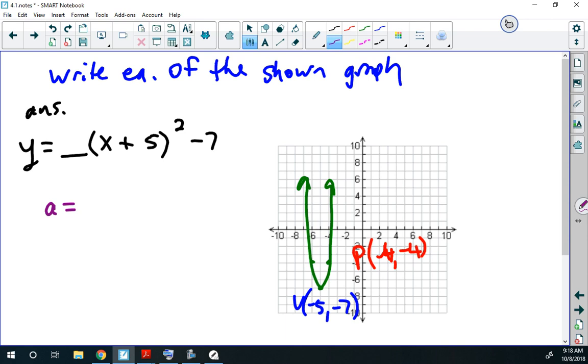What the heck is a? Remember what the a told us. The a told us from the vertex, we always go over 1 and up a units. Okay, so what's my a value going to be then? Should be able to tell from the given point.